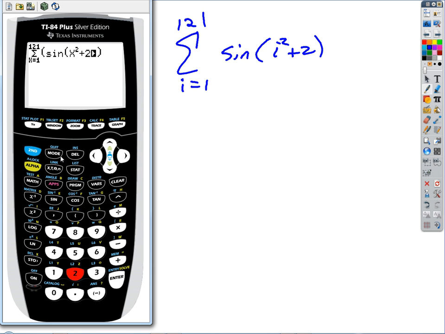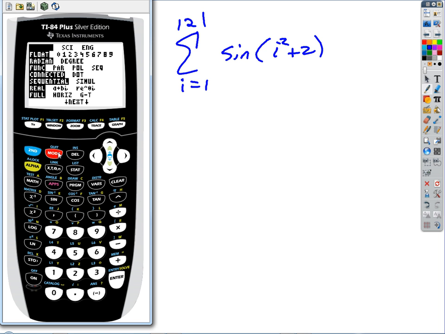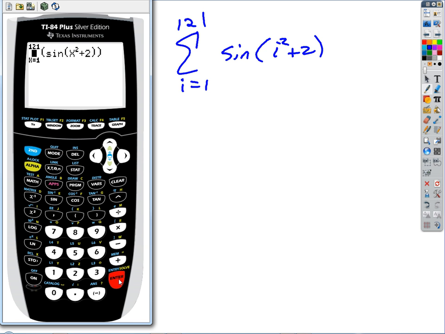And I do want to make sure that I'm in radians mode, which I am, so that's good. I think that's it, isn't it? If I hit enter, it's going to think for a second and tell me the answer.